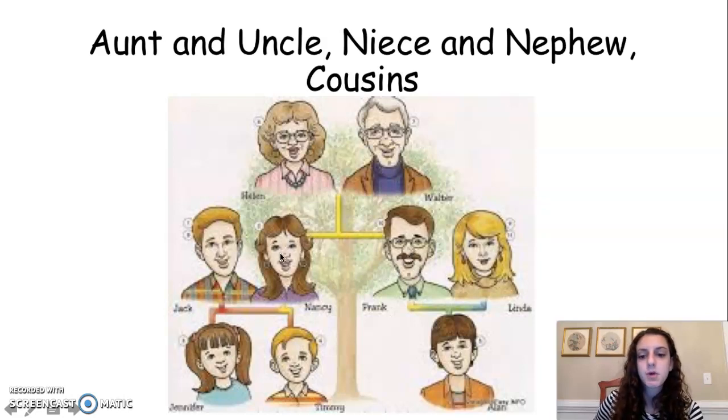Now, for Nancy's children, Jennifer and Timmy, their uncle is Frank, because Frank is their mother's brother. Frank is Jennifer and Timmy's uncle.